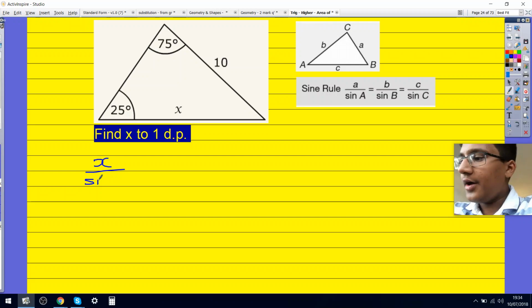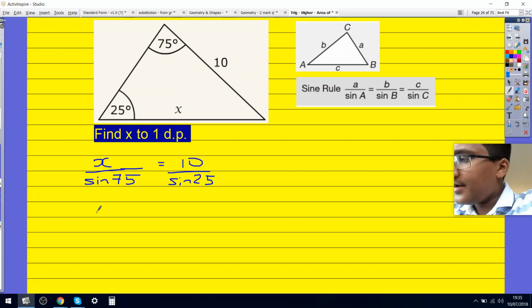And then x equals 10 sine 75 over sine 25. And then we get the answer.